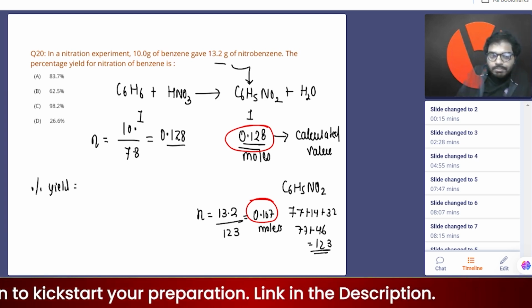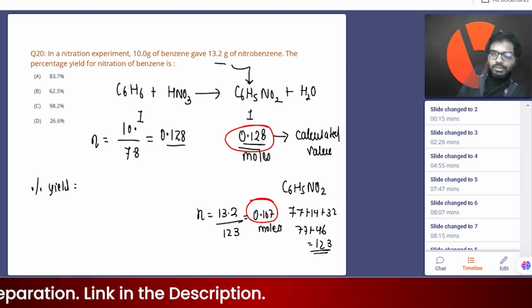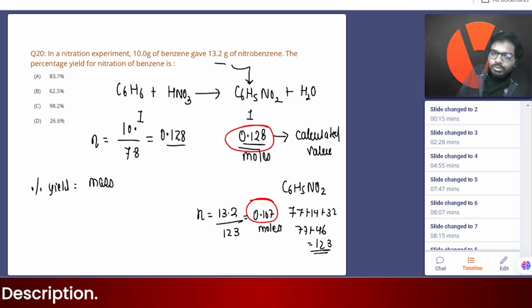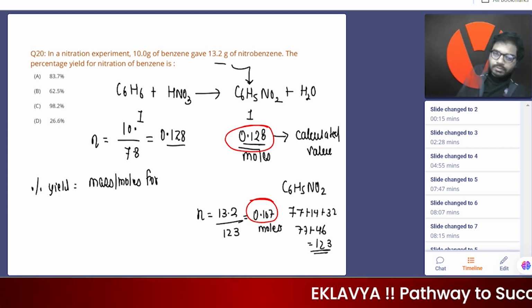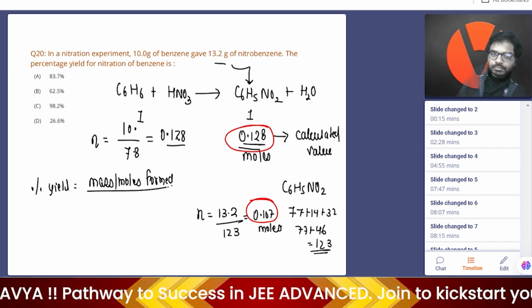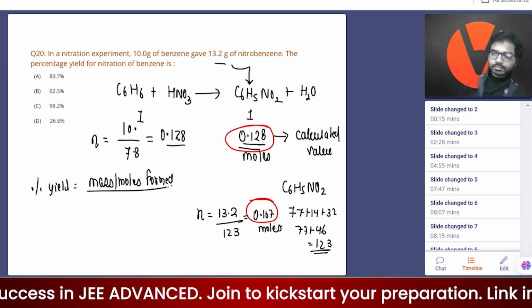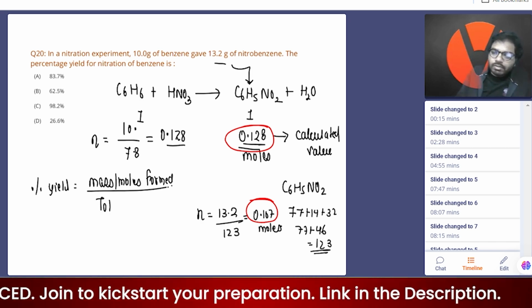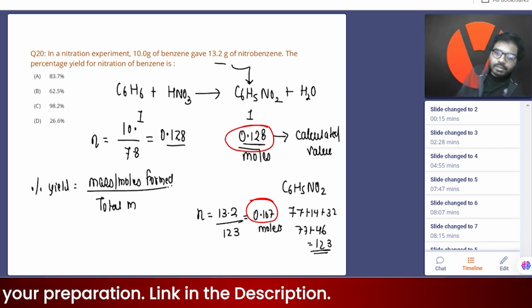So we know that the percent yield formula is actually the mass or the moles formed, or the total mass obtained here.